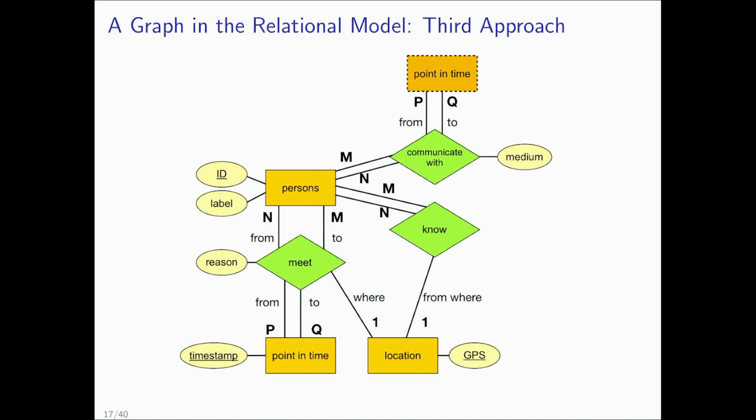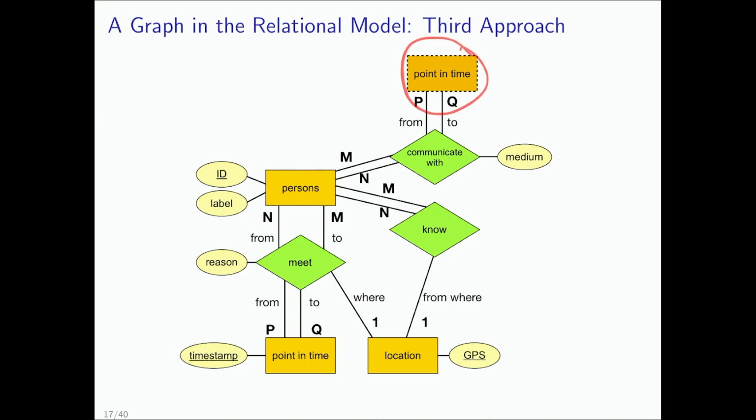What you could do is something like this. I have these persons, I give them a label and an ID, and then I have a relationship type communicate with. Then I could say there's a medium, so I try to bring all of these types of communications together. I also have a connection to a point in time.